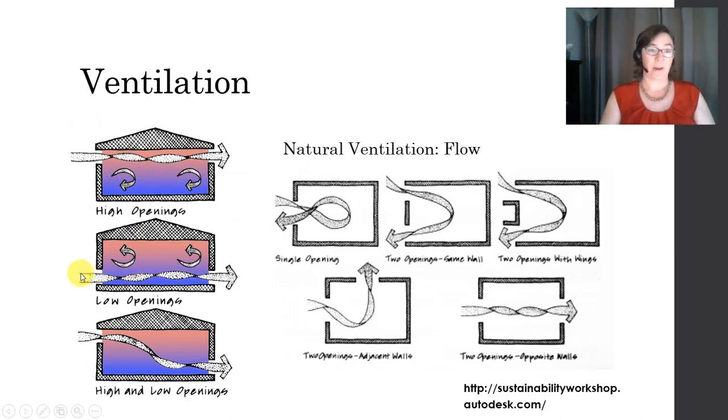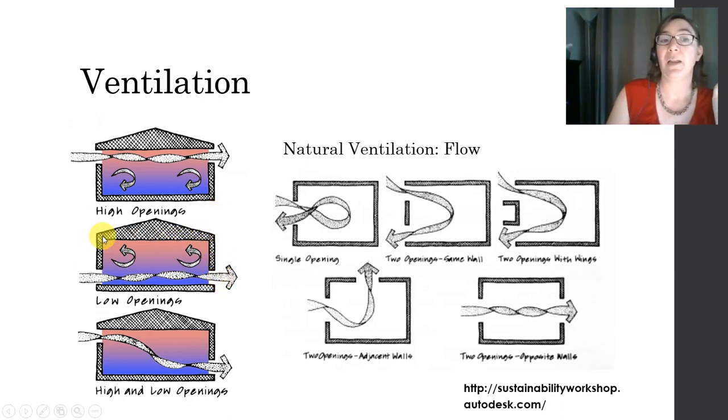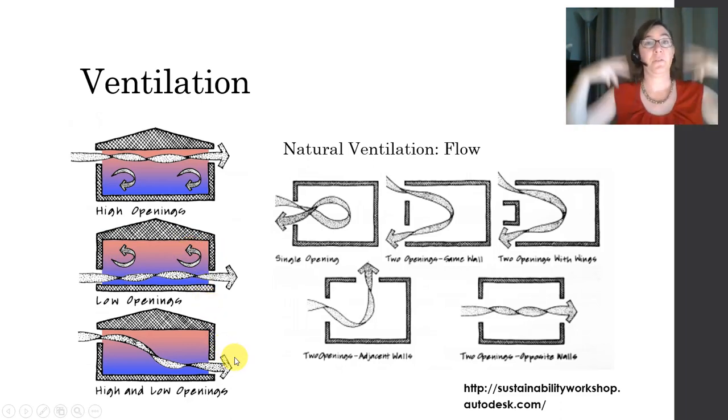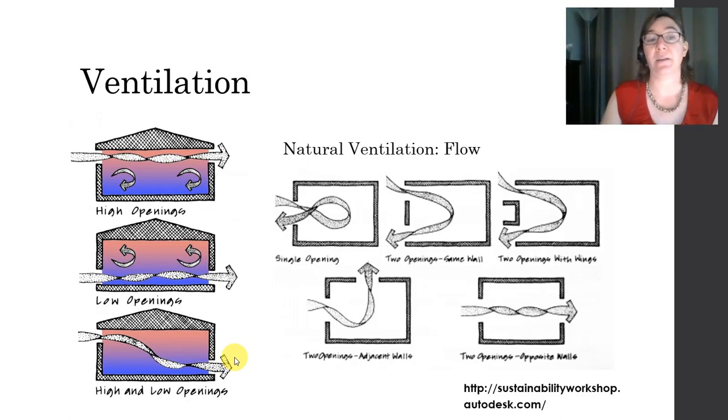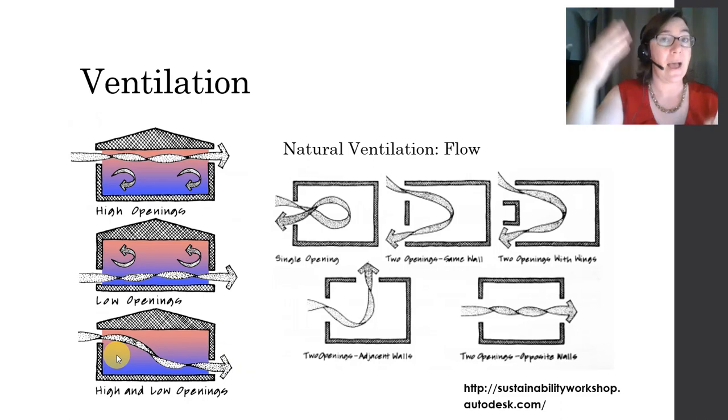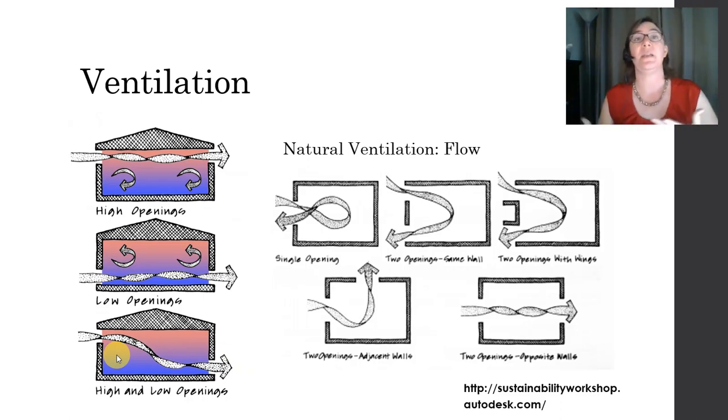Low openings will provide a cool flow across the body of your occupants, but you will collect hot air in the top of your room. So your best bet is to provide both high and low openings. You'll get a mix of the air in the room, high and low, and you will still get that cool flow across your occupants.